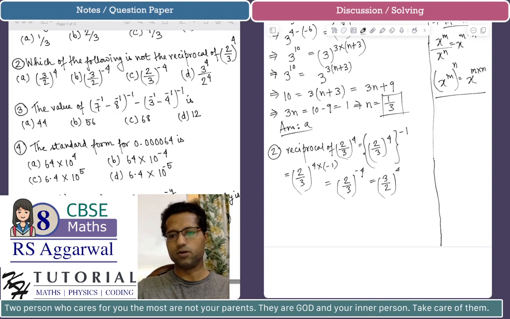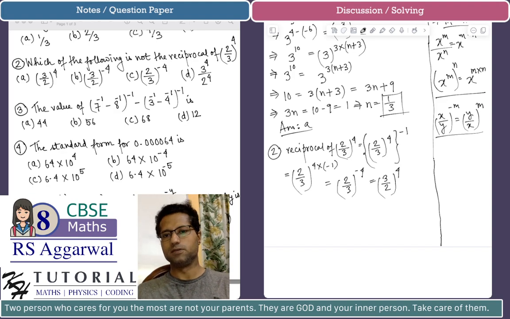This is a very important law of exponents. If you have x by y raised to the power minus m, this is nothing but y by x raised to the power m. This is a super important law of exponents.